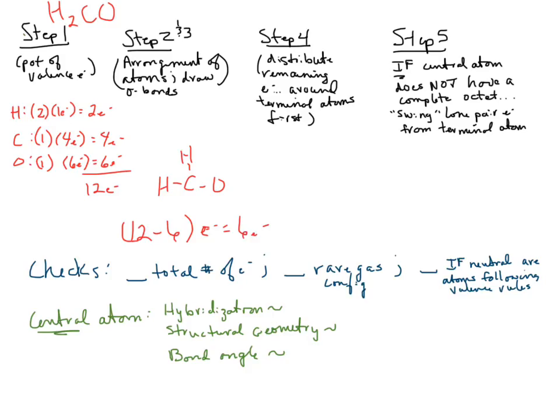I got 6, because we had a pot of 12 and I'm showing 6 electrons on my preliminary structure. So I have 6 electrons to distribute around the outside or terminal atoms. Does hydrogen want any more electrons? No. How many more electrons does oxygen need? 6.